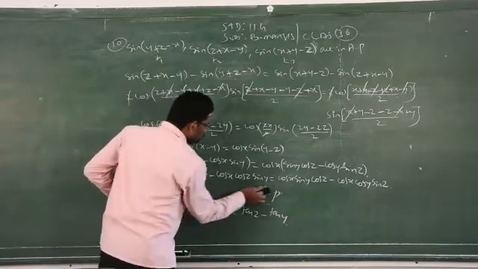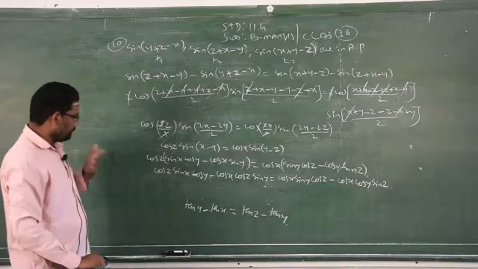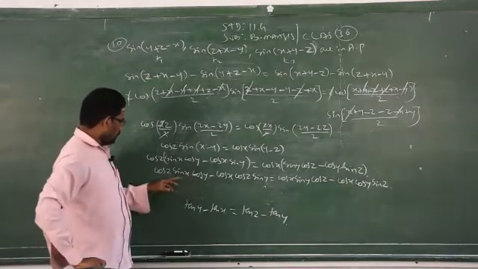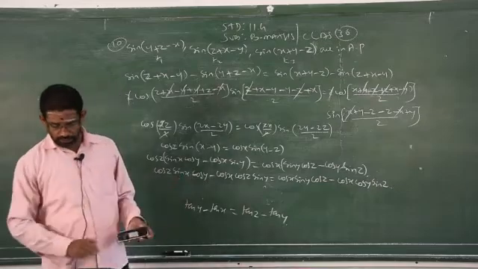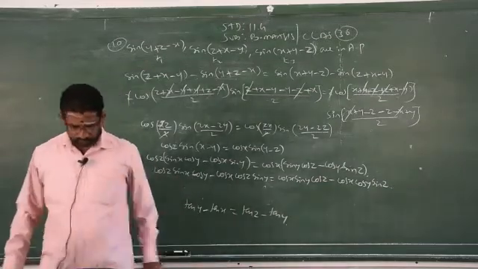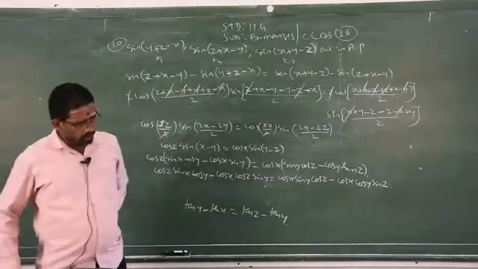Clear? So to get this result, I needed tan y, tan x. Therefore, I have to divide all the terms by what? All the terms by cos x, cos y, cos z.